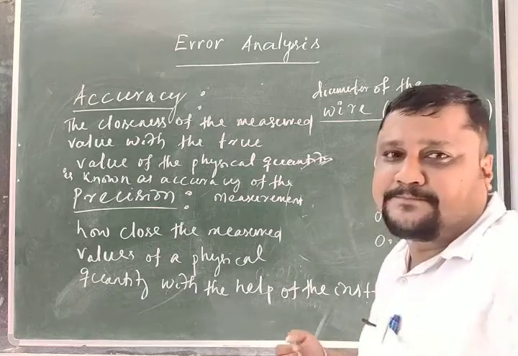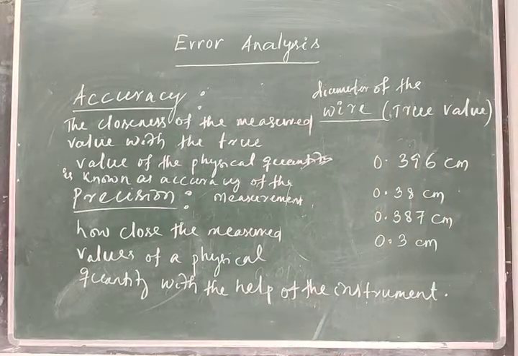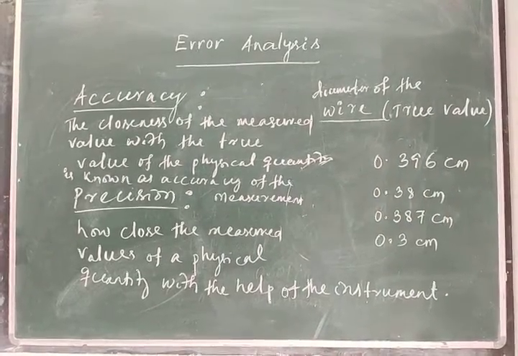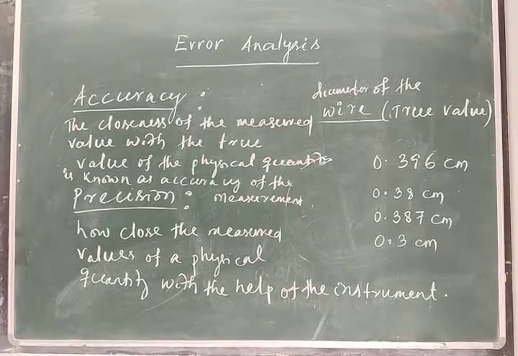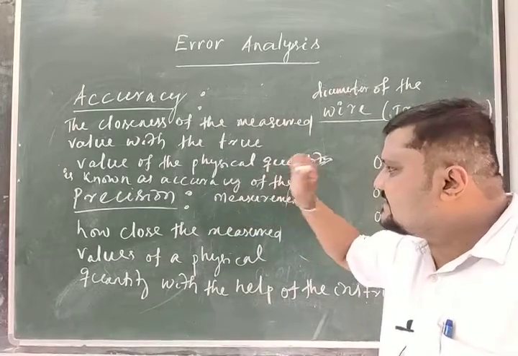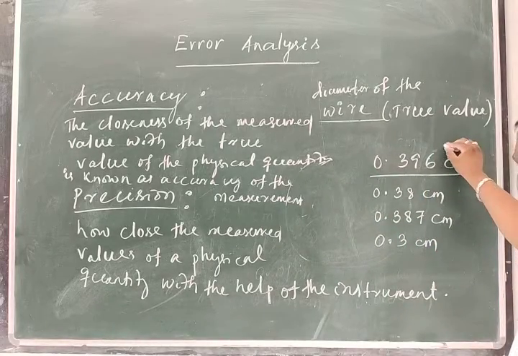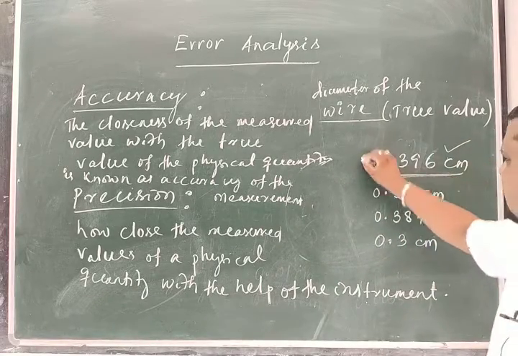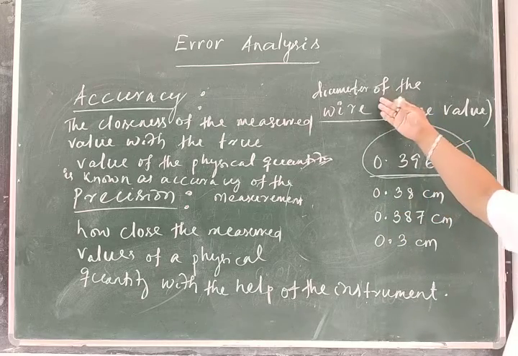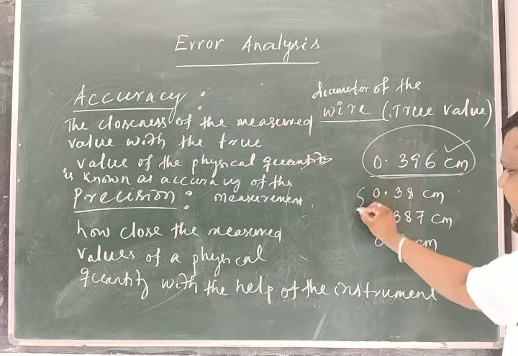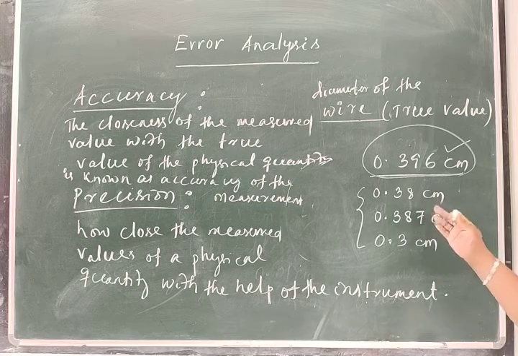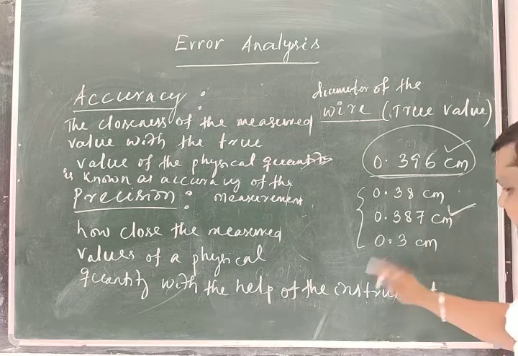So my point is that in precision, this is the true value, and this diameter of the wire is measured by three devices, and this one is more precise by the instrument.